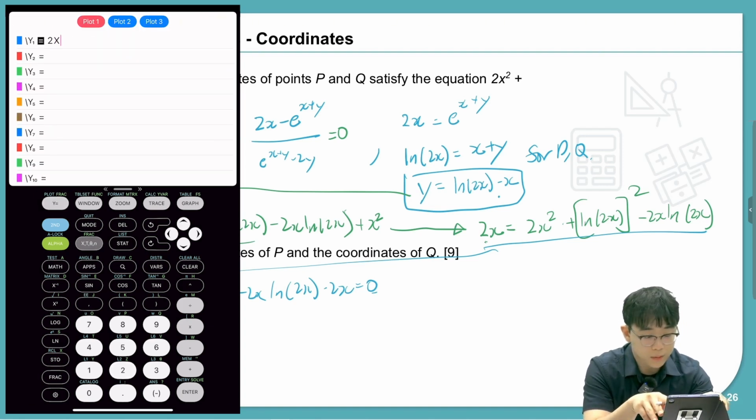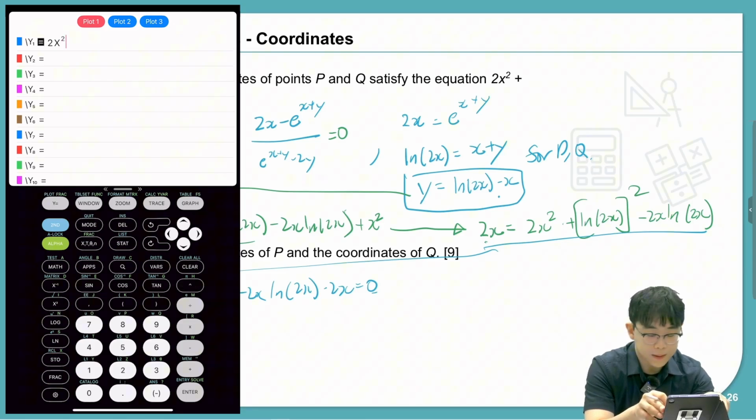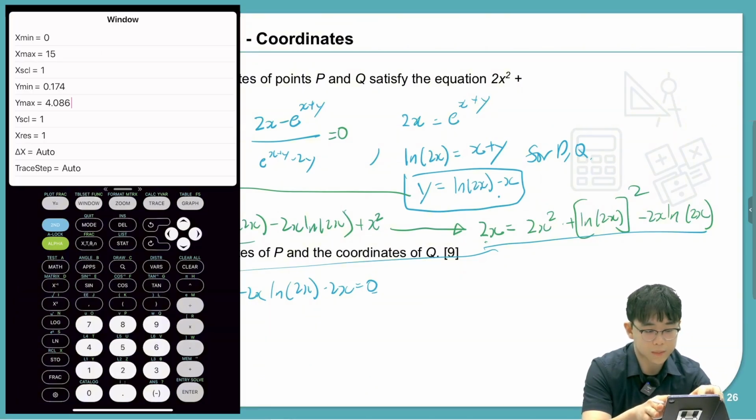So I get 2x squared plus ln of 2x squared minus 2x ln of 2x minus 2x, right? So I want to look for the x-intercepts for this one.